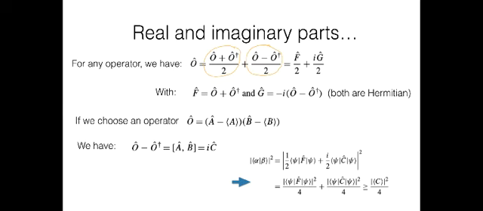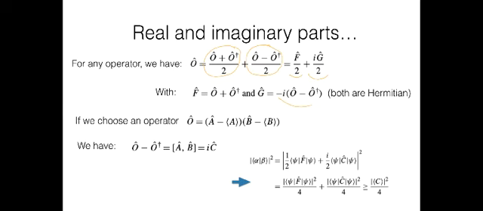I invite you to try to do that with an example if you're not convinced. So this is always true, right? We can always write an operator as being half the sum of the operator plus its Hermitian conjugate, plus half times I of the difference between the operator and its conjugate. You can always write that for every operator.